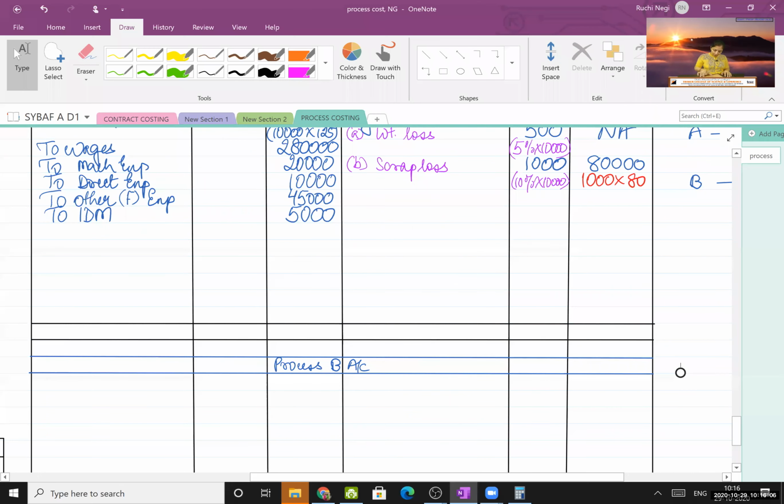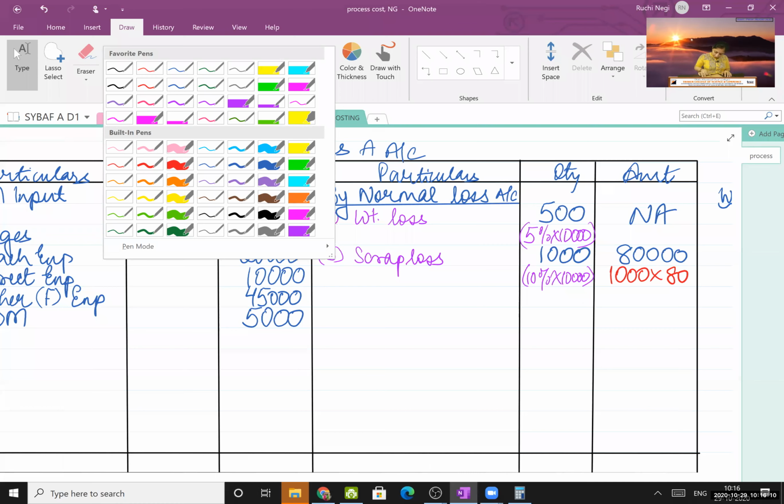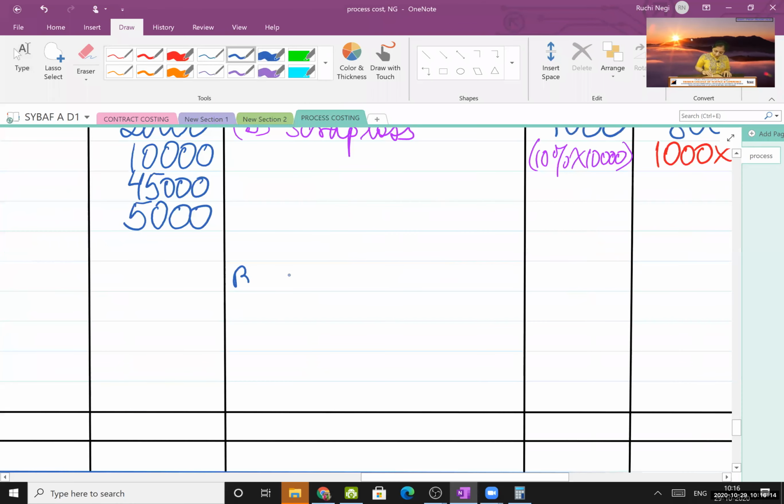Next, output. Yes. Okay. So right here, by output transfer to next process. Next process का नाम क्या है? Process B account.